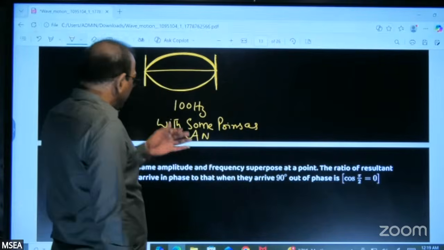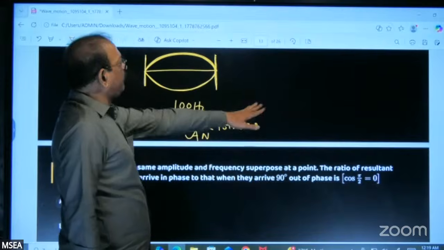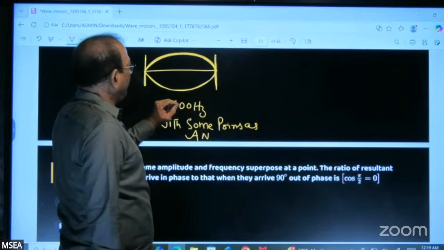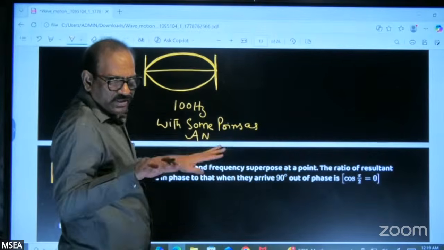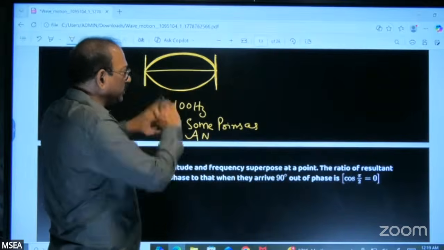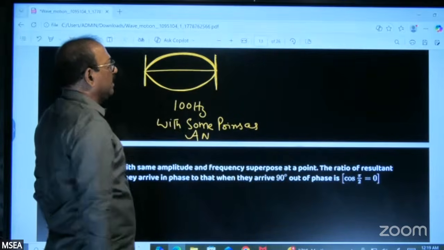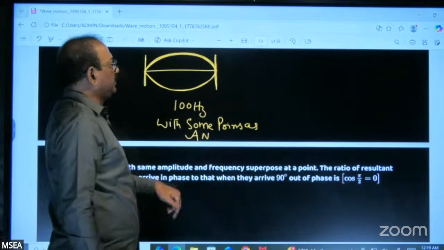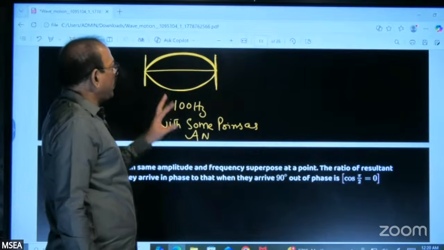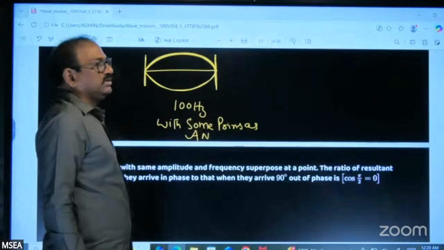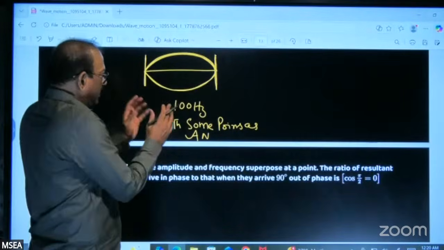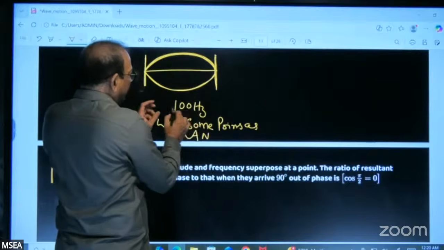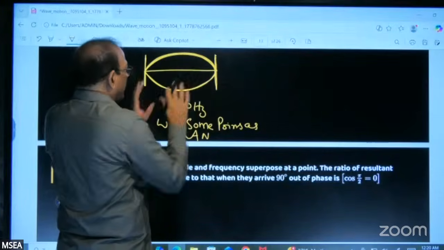Now what you will ask is, what is the next frequency for which the same points again become antinodes? Whichever points are antinodes now, the same points should be antinodes again. Like this, a very important logical problem. For example, let us assume that 100 hertz frequency is the fundamental frequency.